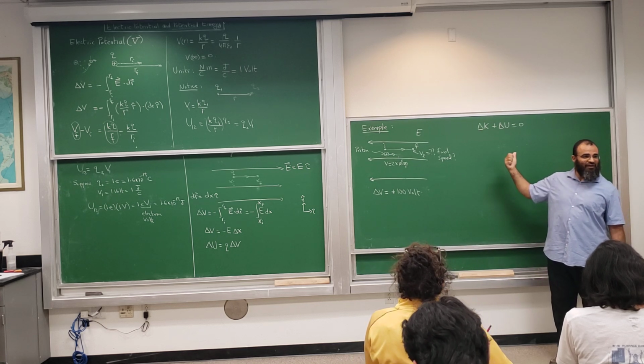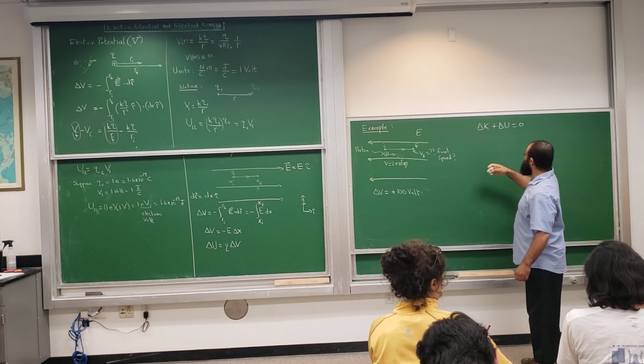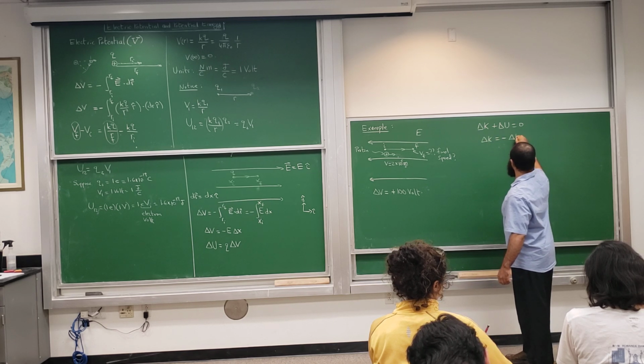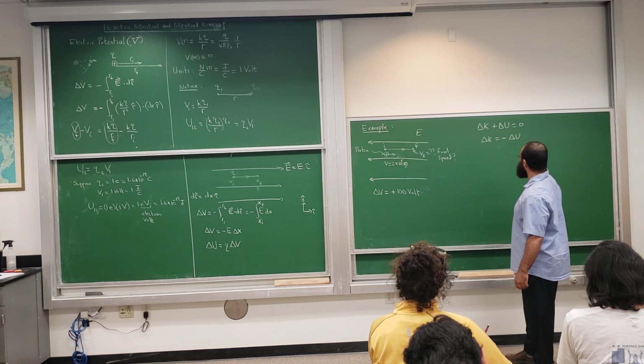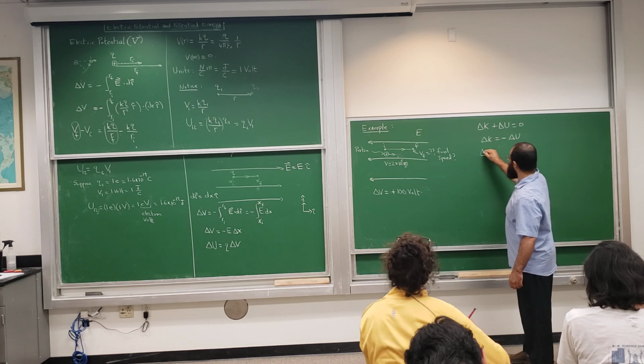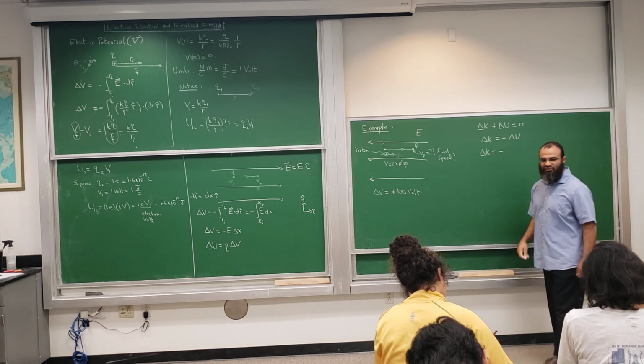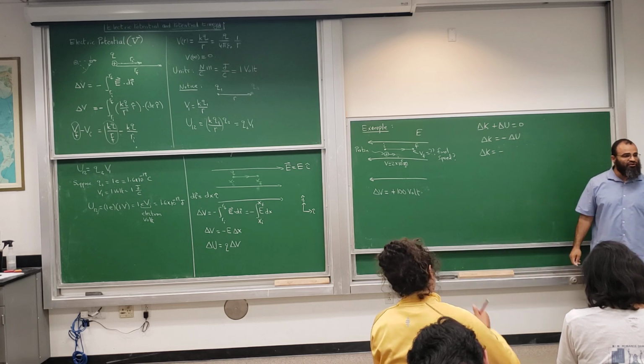Yes, we did this one earlier. So delta K is equal to minus delta U. How is the change in potential energy related to the change in potential?